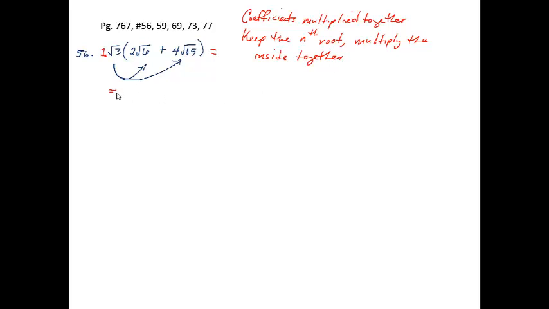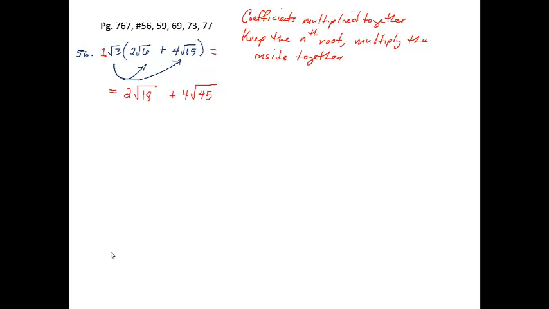Okay, so 1 times 2 is 2. Keep the square root. 3 times 6 is 18. Great. Plus 1 times 4 is 4. Keep the square root. 3 times 15 is 45.